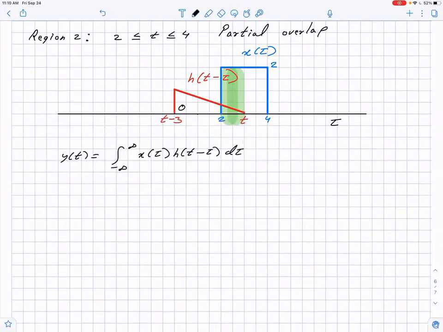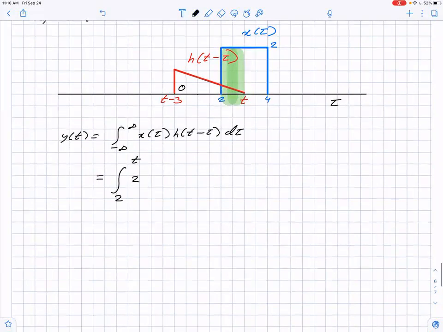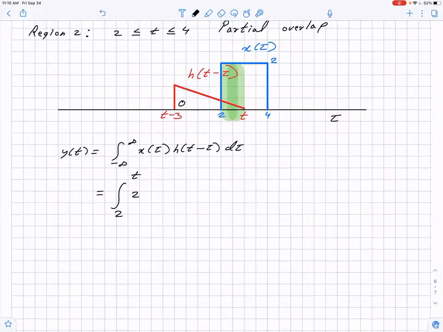That's an important range that we should keep in mind as we evaluate the convolution integral. The lower limit of the convolution integral is when the non-zero product begins, and that is 2. The upper limit is when the non-zero product ends, and that is t. And then we need an expression for x of tau. In the shaded segment, x of tau is just 2. H of t minus tau is a line in the shaded region.